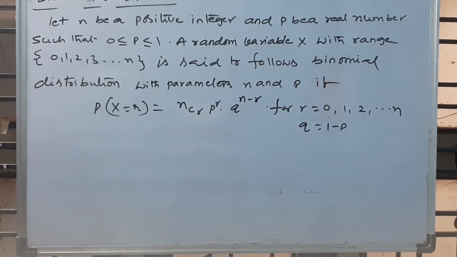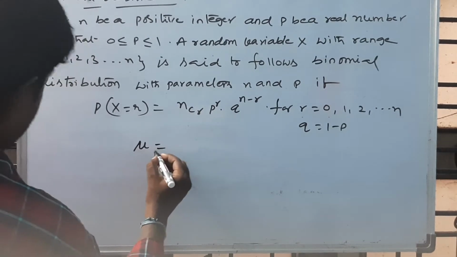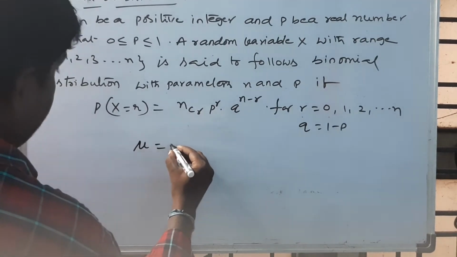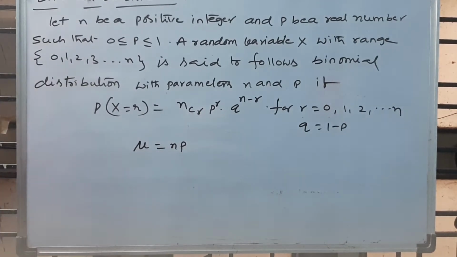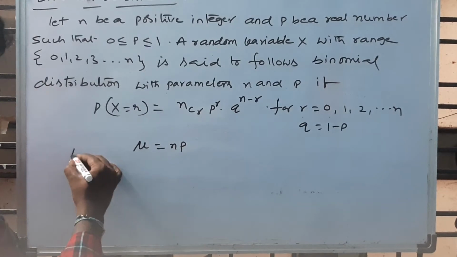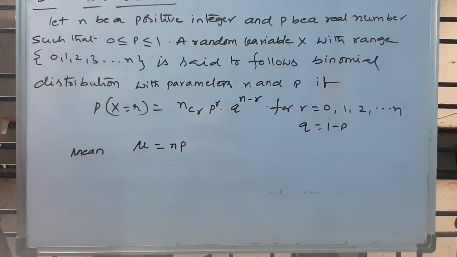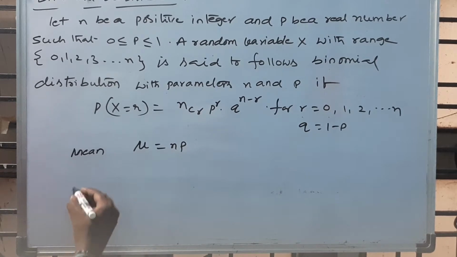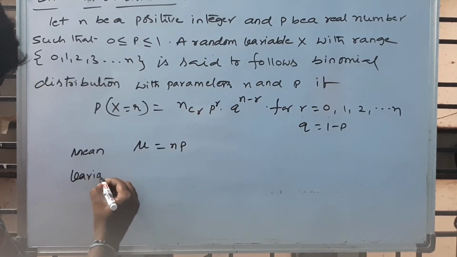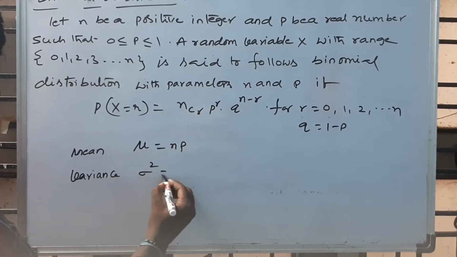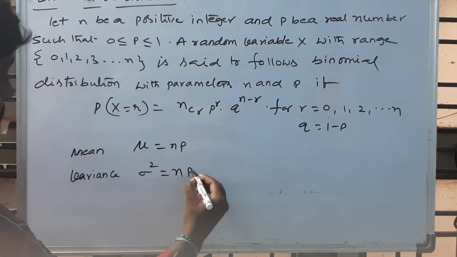Here the mean mu is equal to n into p. The formula for variance sigma square is equal to npq.